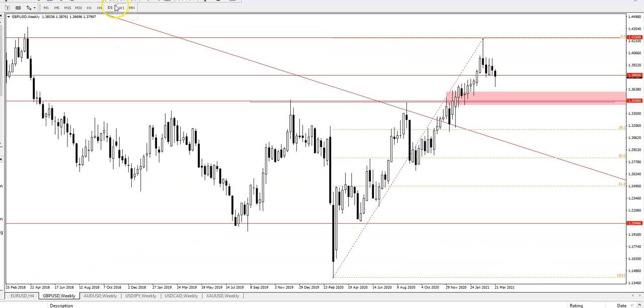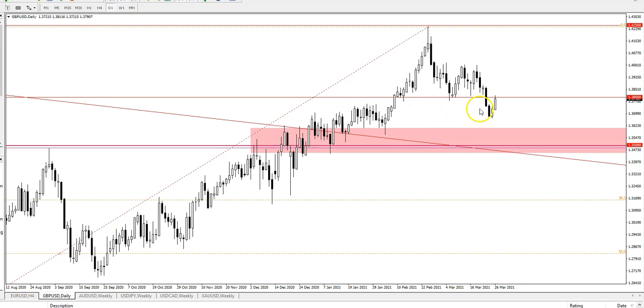Pound sterling is in somewhat of a situation, well, I suppose all the dollar pairs. What is interesting again is that this time around price has retested the 1.38 level. It was a previous support, broke down at the start of the week, and now it is looking like it's going to be a new resistance level.